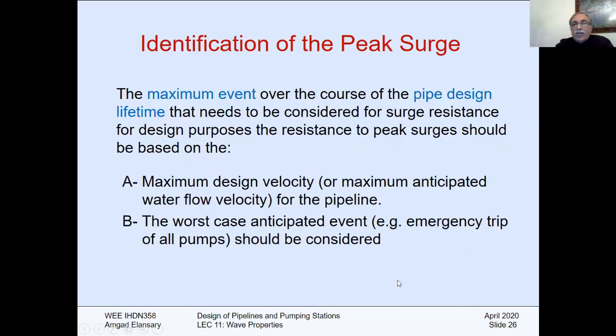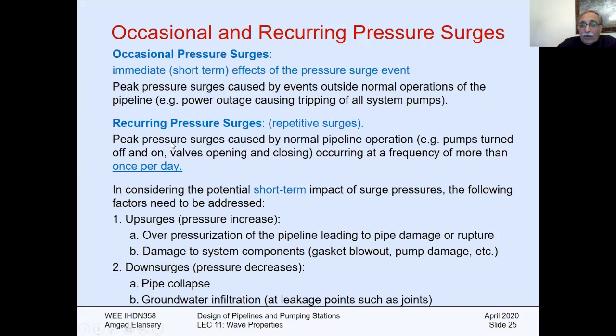Peak surge identification: the maximum event over the course of the pipe design lifetime. When we look at the design, we need to see that along the lifetime of the pipe design it will sustain and be safe along the maximum event. So first in the analysis, we ask: is it occasional or recurrent?